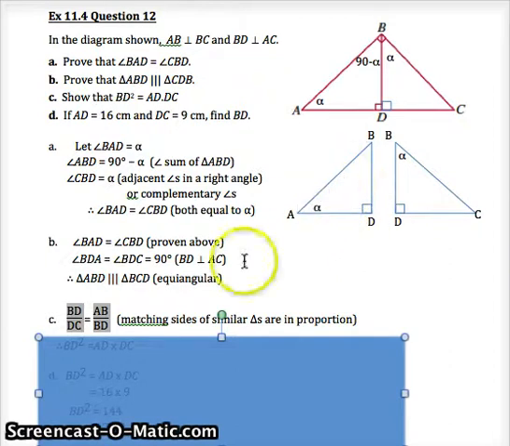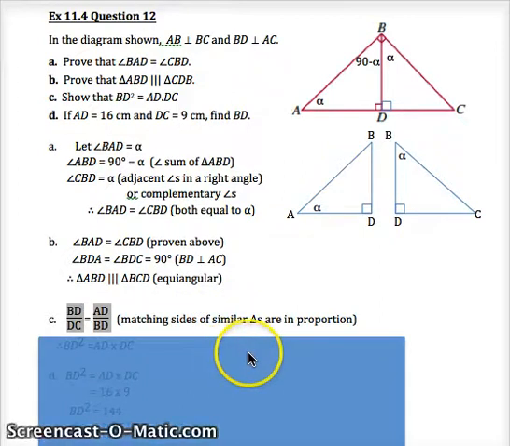In the first triangle, BD over DC is equal to AD over BD. So we're going from left to right. BD over DC equals AD over BD. Reason: they are matching sides of similar triangles that are in proportion.